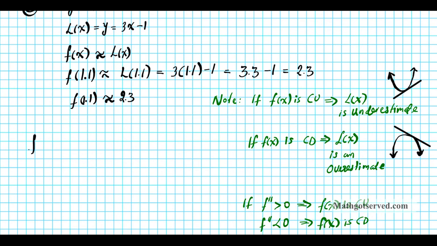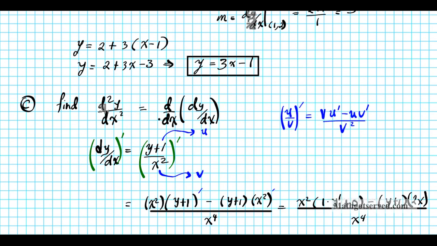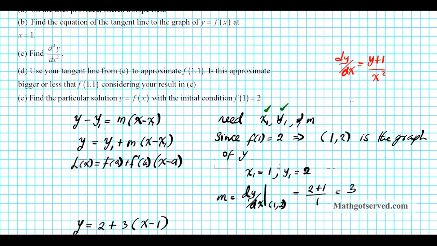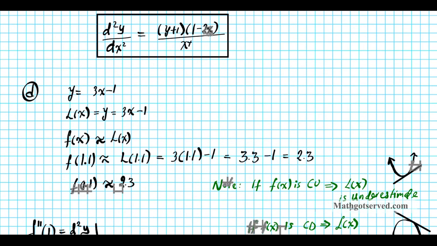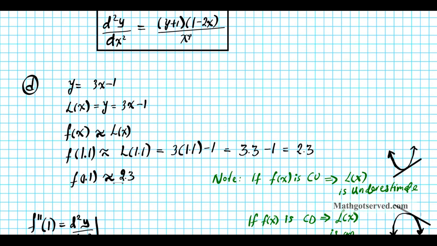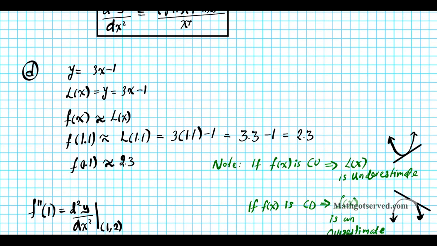So f double prime of 1 is equal to what we found before, d squared y dx squared, evaluated at the point (1, 2). So what is d squared y dx squared? That's what we found over here. We're just going to plug 1 and 2 into this function, and that should help us determine our result.